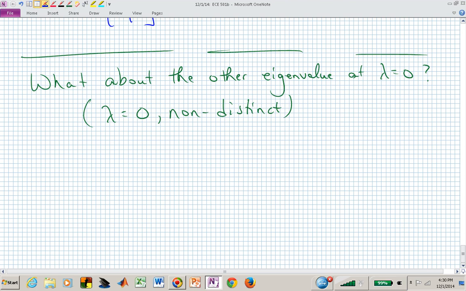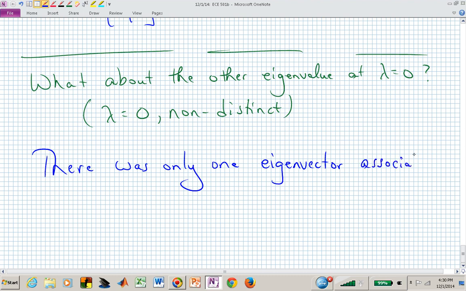But even with that repeated eigenvalue, we only found 1 eigenvector associated with lambda equal to 0.